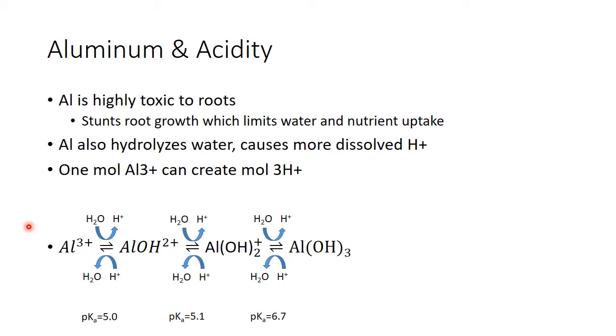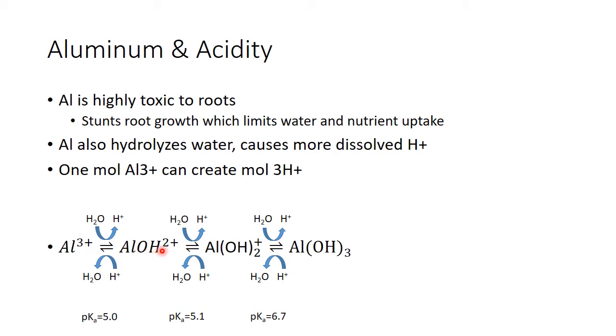moles of acidity. So in this example, we have aluminum 3+, and notice these are all reversible reactions, but in the first part, if we go to the right, it goes from Al3+ to AlOH2+, and in that direction, water is hydrolyzed. So the hydroxyl goes onto the aluminum, and then 1 hydrogen is released into solution. And that happens at a pH of around 5. And then that can happen again.